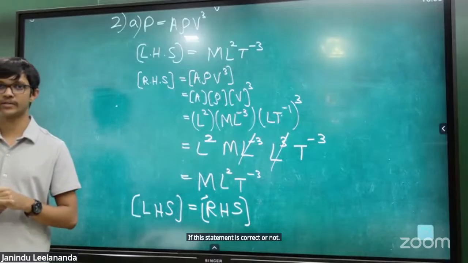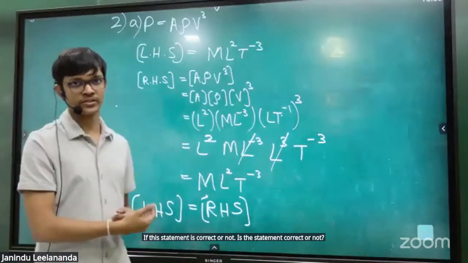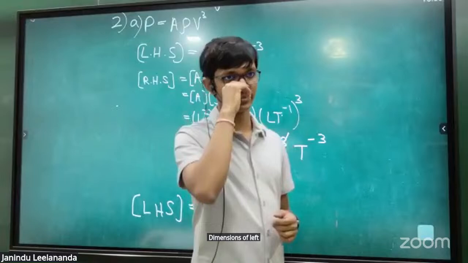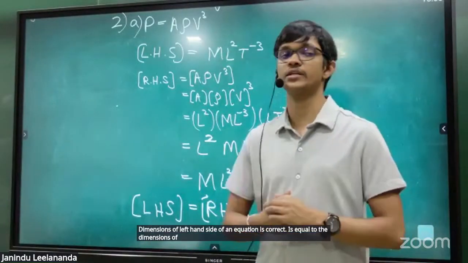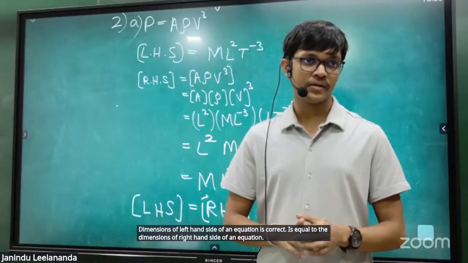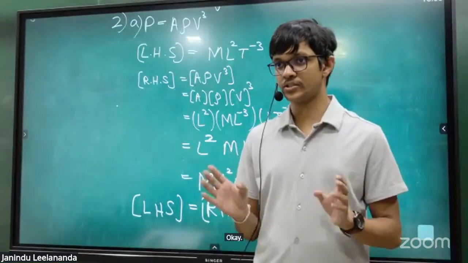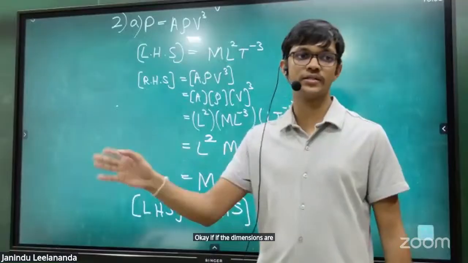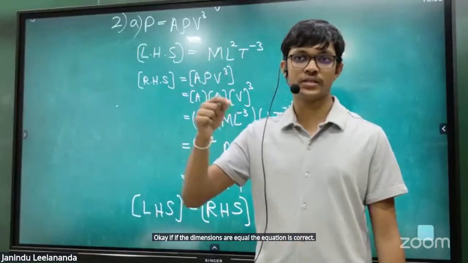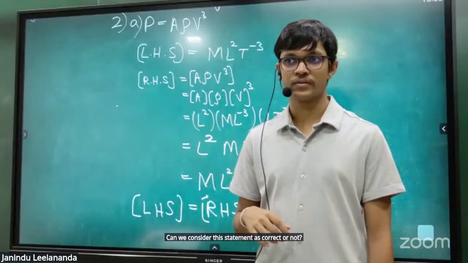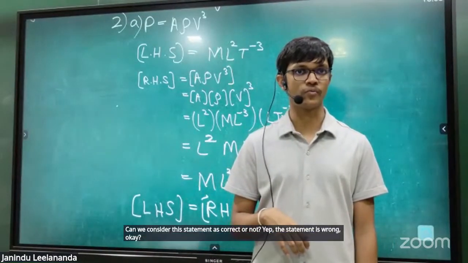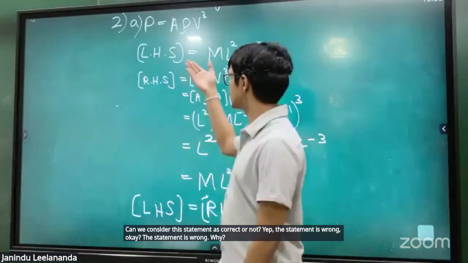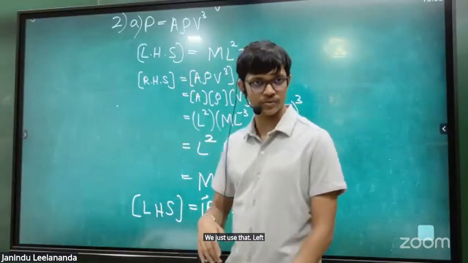If the dimensions are equal, the equation is correct. Can we consider this statement as correct or not? Yeah, the statement is wrong. Why? We just used that left hand side equals right hand side.